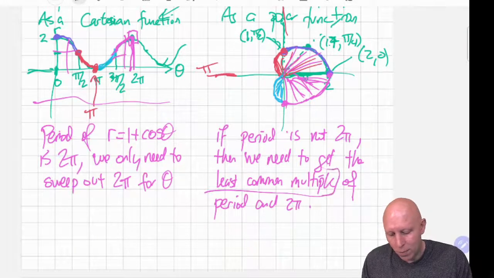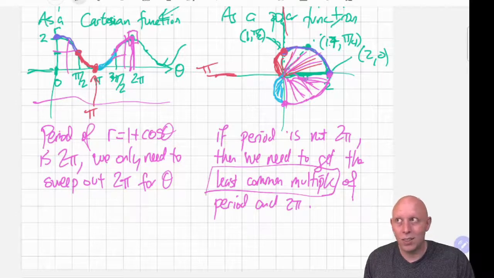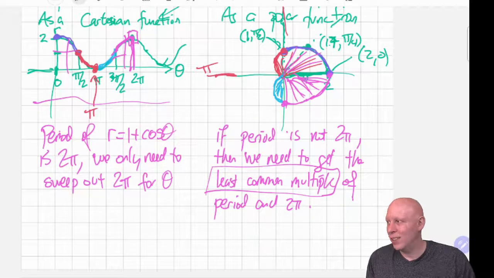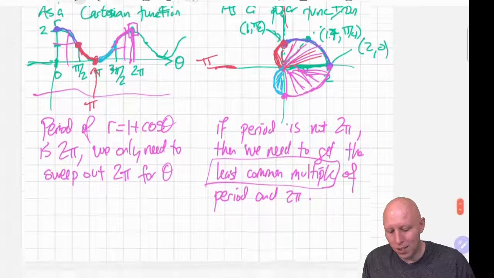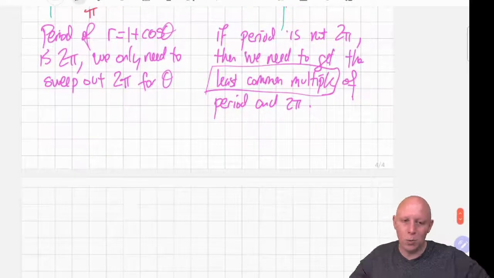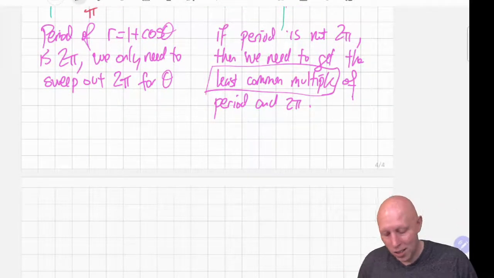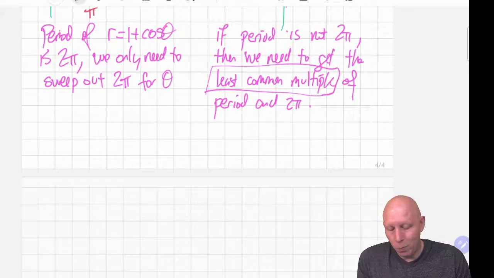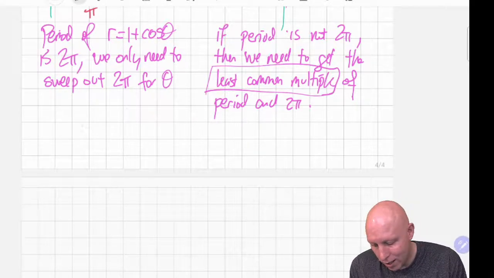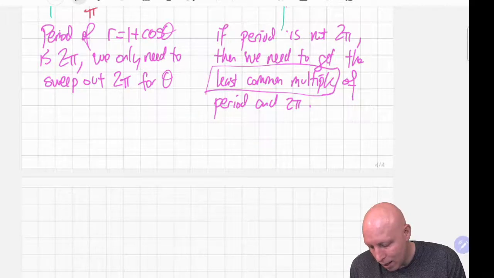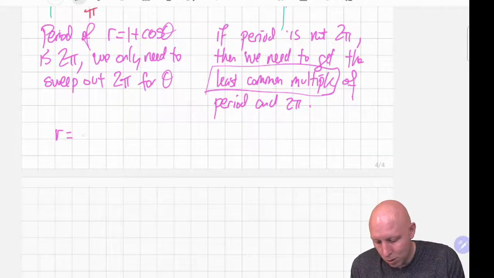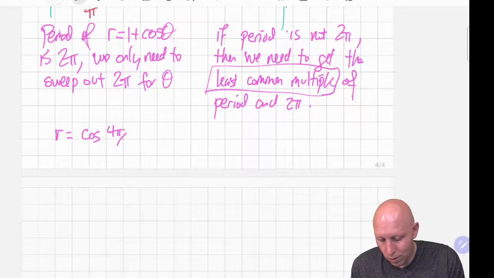And here I'm being rather sloppy, because least common multiple normally only works for integers. But let me just give you an example. Let's say I'm dealing with r is equal to cosine of 4 pi over 3 theta.